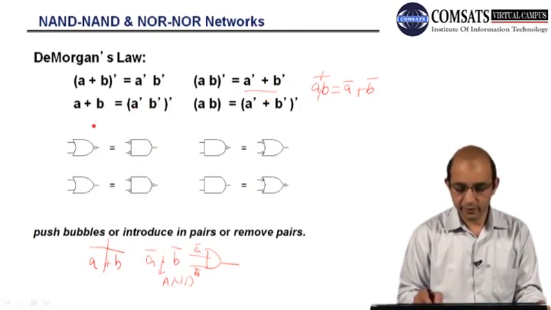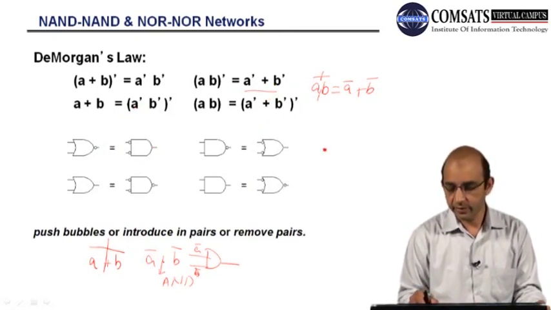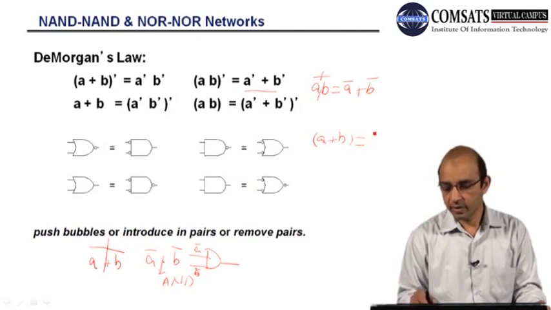And similarly, what we can have is A plus B, which is equal to A bar, B bar and whole bar.